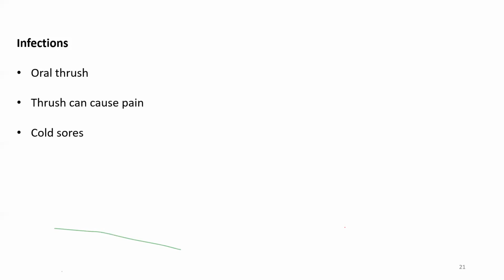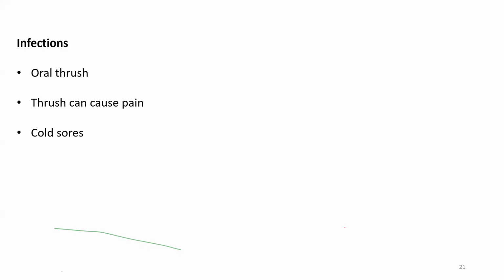Looking at infections in the mouth. Again, if you suspect that there's an infection, then you need to contact the GP for treatment or potential treatments. So oral thrush is a common fungal infection, and it is especially common in people with a terminal illness. So at the end of life, people may experience this. It looks like thick white patches coating the tongue and the mouth.